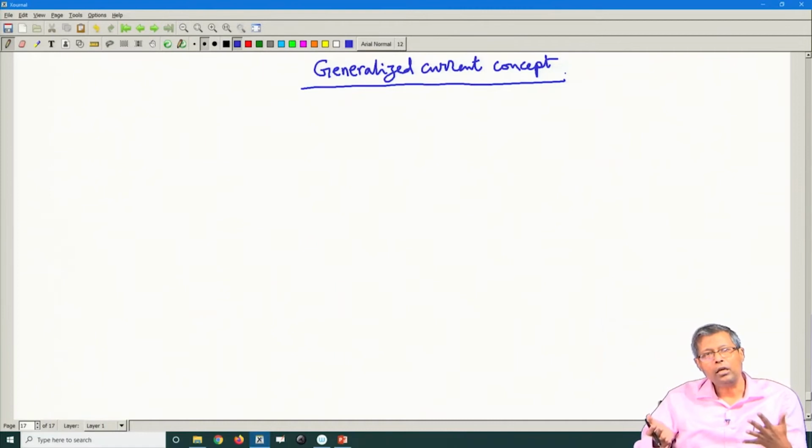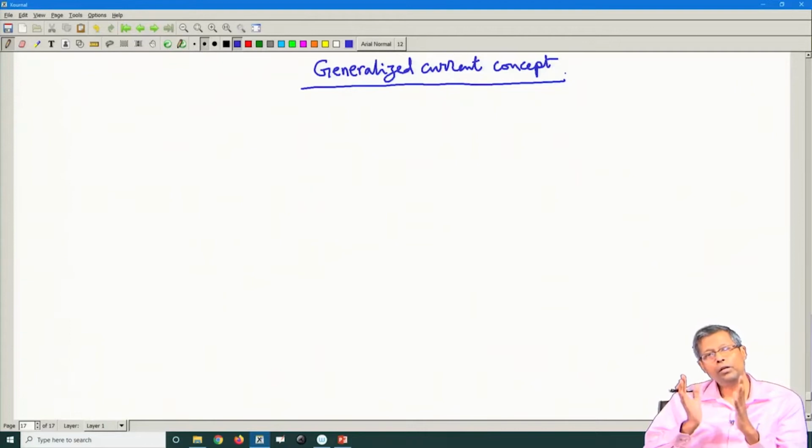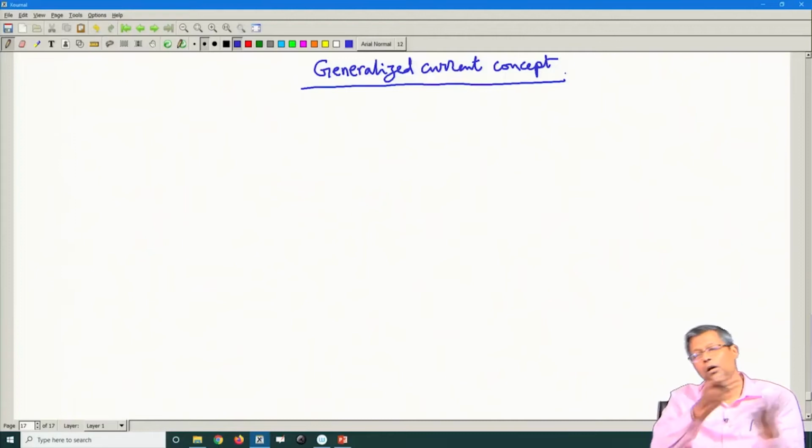So, we will say in this new form of Maxwell's equations that actually the del D del T term is one particular type of current that generates the field, and J is another type of term which generates the field, I mean the magnetic field in this case.